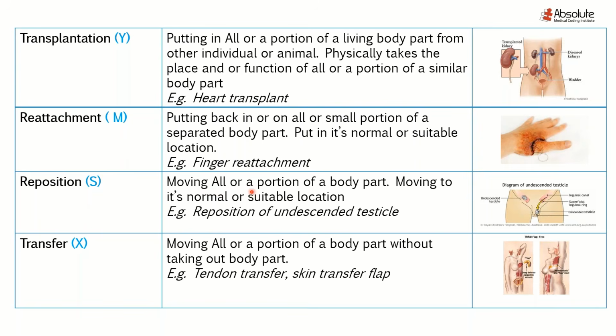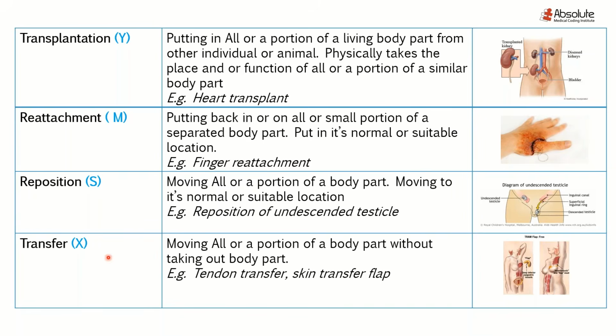This is moving all or a portion of a body part to its normal or suitable location. Reposition, example, reposition of undescended testes. So they're going to take these testes and they're going to push it back into place. That's typically called an orchiopexy or fixation.